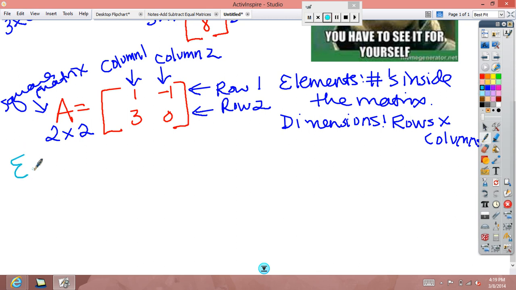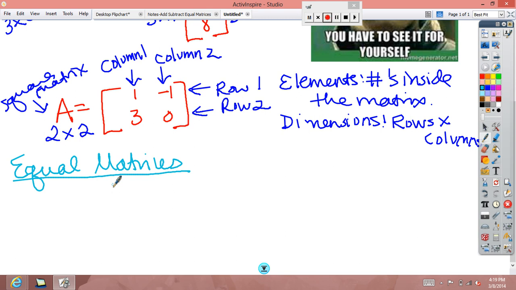All right, equal matrices are essentially exactly what they say. Equal matrices are two matrices that have the exact same dimensions and elements in all corresponding positions, and therefore those elements are equal.